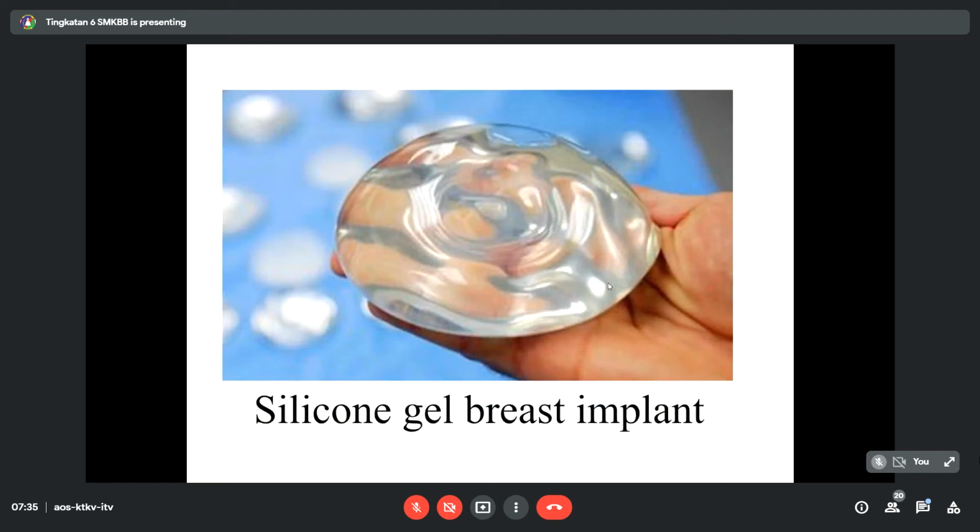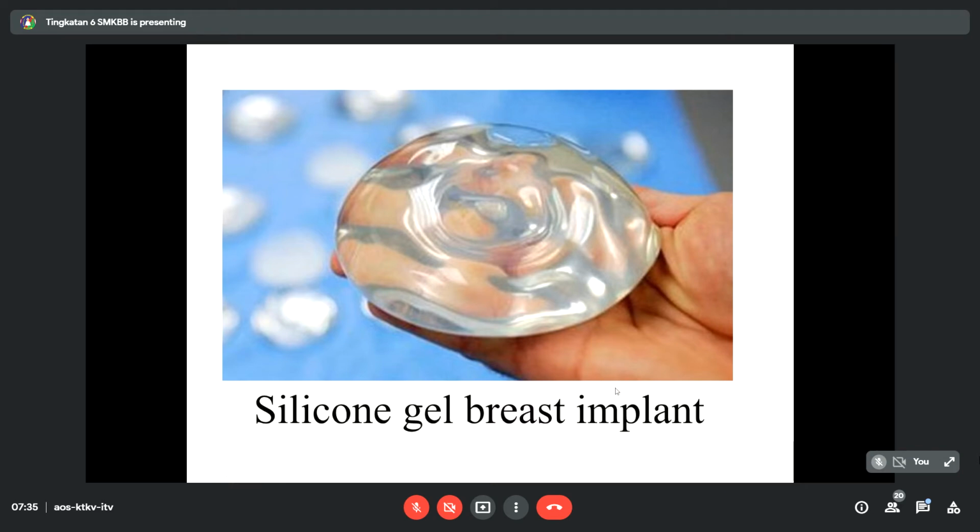I guess normally when we talk about plastic surgery, most of us get the impression of breast implants. But you need to know this is not just because someone wants to look larger in size, but sometimes due to medical requirement.